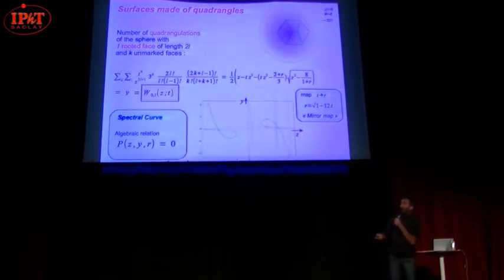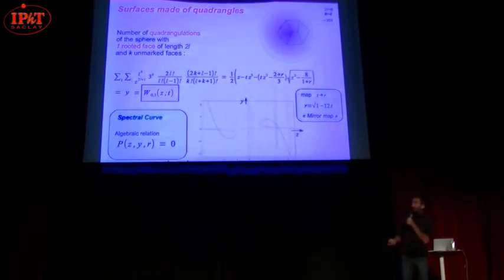Also, let me call this function W01. 0 is because we are talking about the sphere, genus 0, and 1 is because we have one special marked face. And we shall see other counting functions like that with other genus and other number of marked faces.